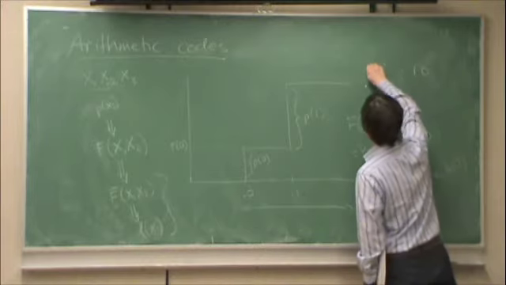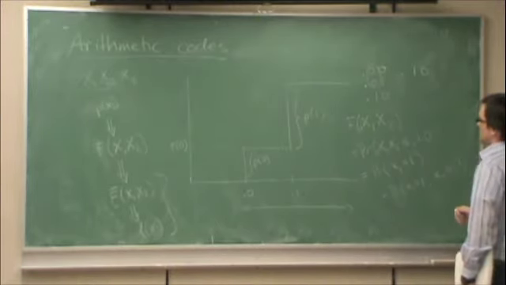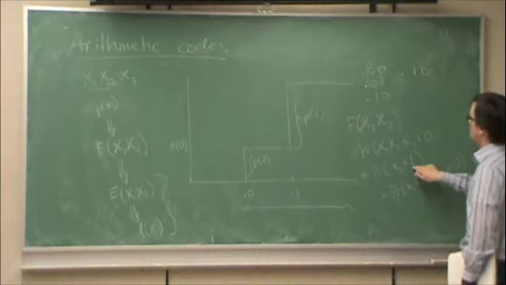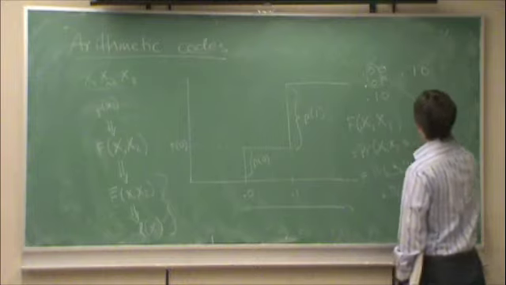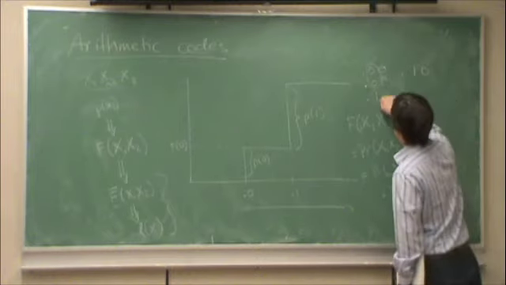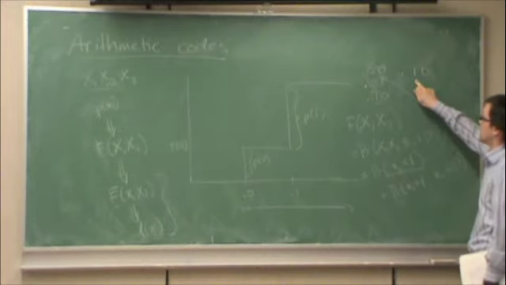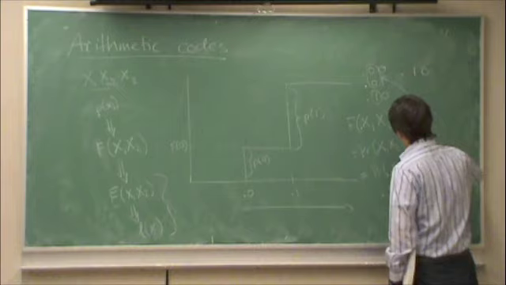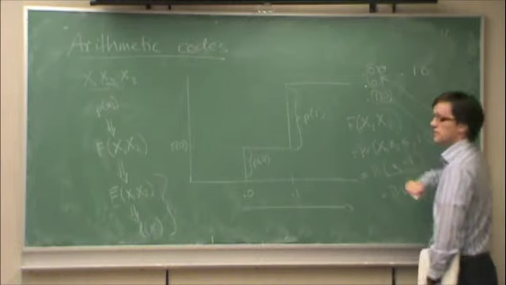If the first digit is less than 1, that's this term right here. If the first digit is equal to 1, it's still possible that this expansion is less than or equal to 0.10, as long as the second digit is less than or equal to 0.